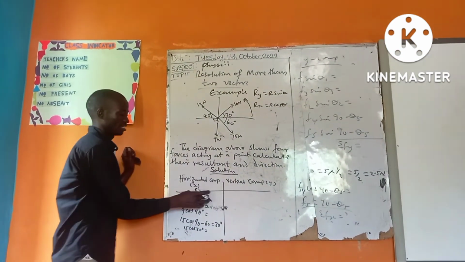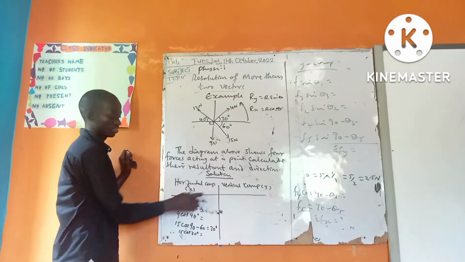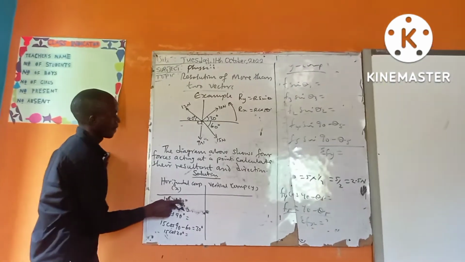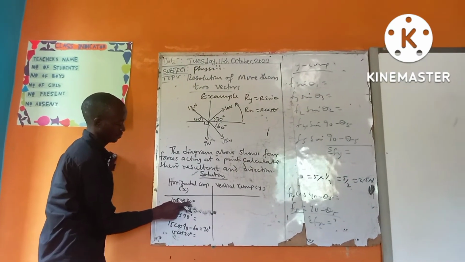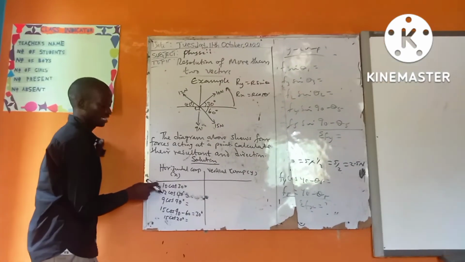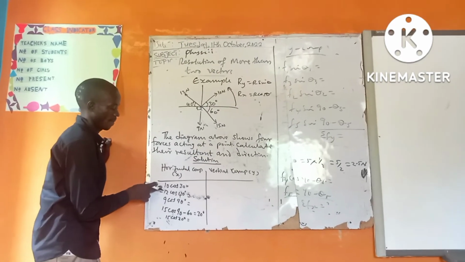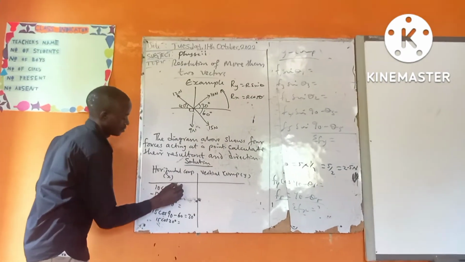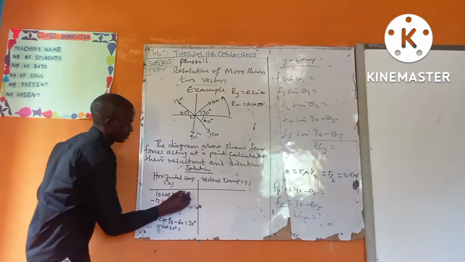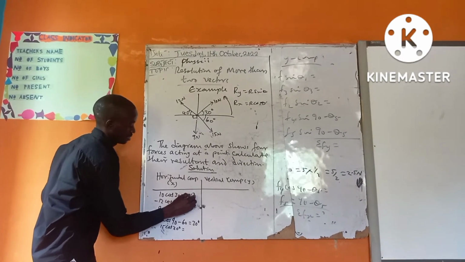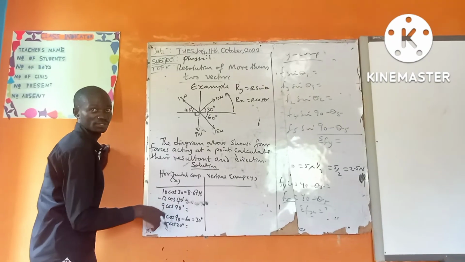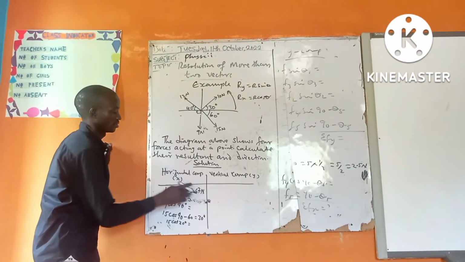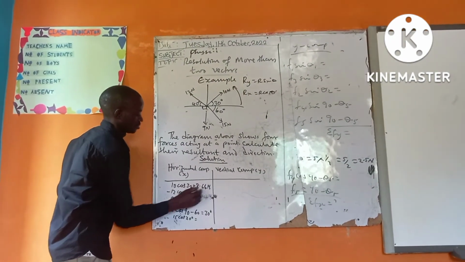Now let's work it out. Let's determine the value of each. Cos 30 is 0.8660, times 10. It will give us 8.66 Newton.